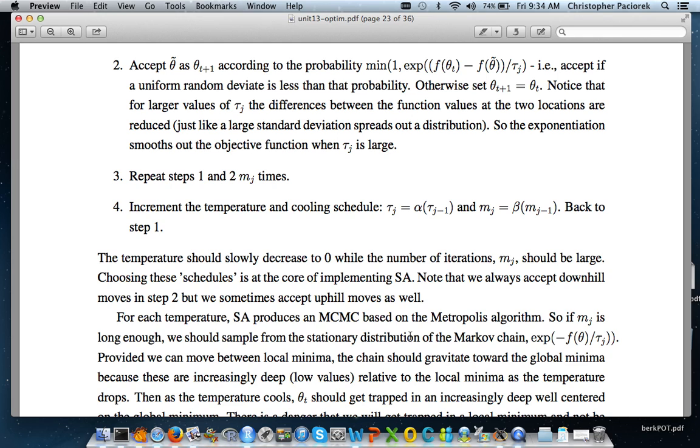And then as this goes back to its original form, you're less and less likely to be able to go as far uphill as you would need to jump out of one mode and into another mode. And so the idea is to hope, and there are some results that back this up, that you'll get trapped in the global minimum.